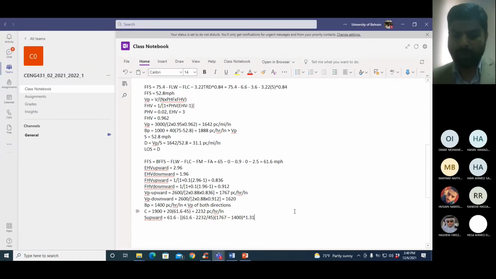So 1.31, bracket close, divide, put another bracket: capacity 2232 minus 1400, to the power 1.31, bracket close.